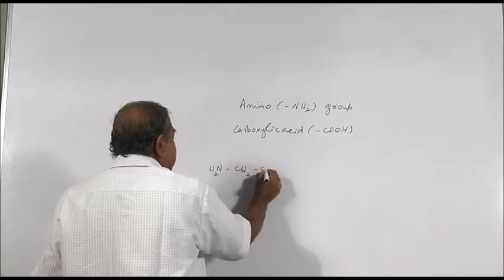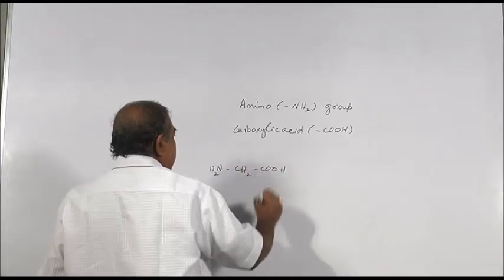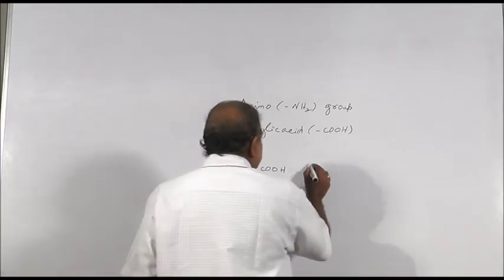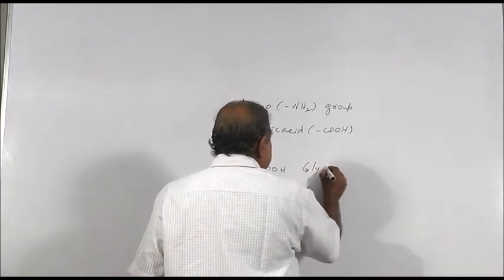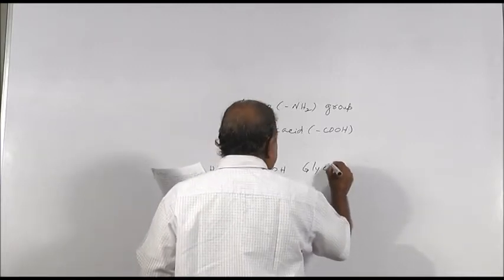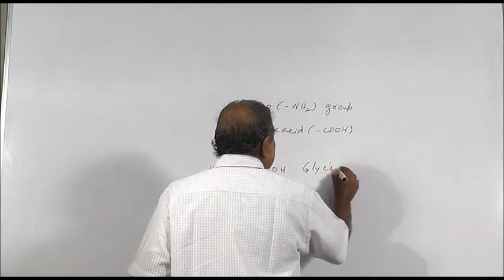You can see this compound contains both an amino group as well as a carboxyl group. Its name is glycine.